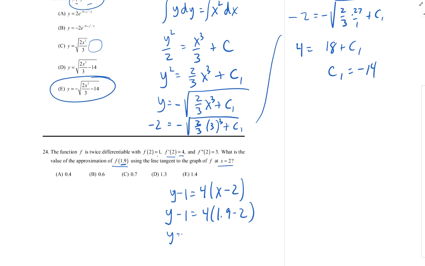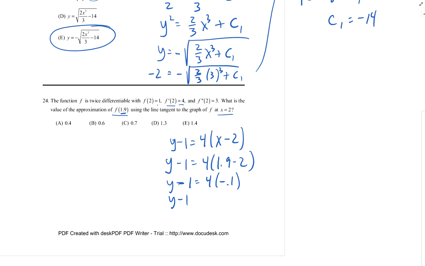That's okay, you can do this. 1.9 minus 2 is negative 0.1. y minus 1 equals negative 0.4, and if I add 1 to it, negative 0.4 plus 1 is 0.6, right? 1 minus 0.4. Okay, so there you have it.